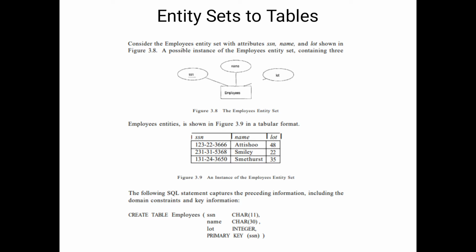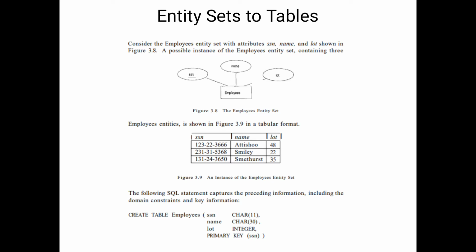Please observe the entity relationship here. The rectangle represents the employee. With the help of that entity, we will create one table with the entity name. Here employee is the entity, that's why we will create the table with the name employee.